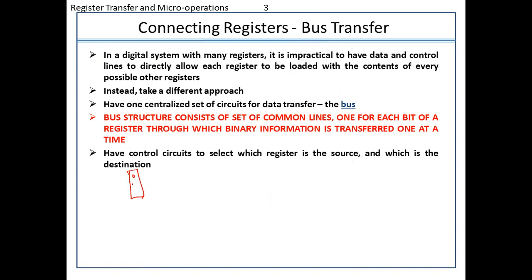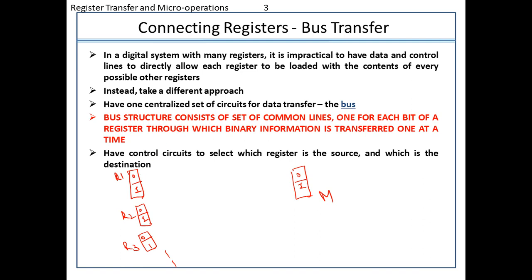Now, let's suppose we are designing a bus system with 2-bit registers. There are many 2-bit registers attached, let's suppose R1, R2, and R3. There could be n number of registers. What is the benefit of having a bus system? Suppose it has to transfer the data to register number m.